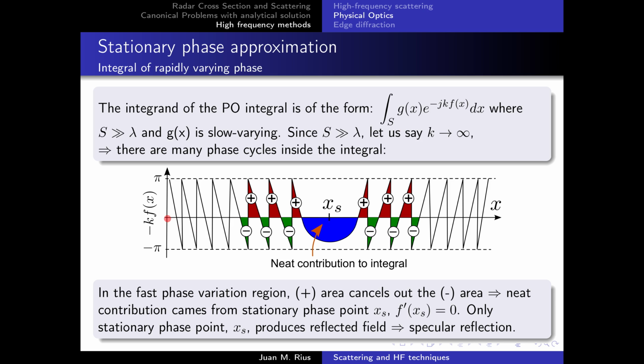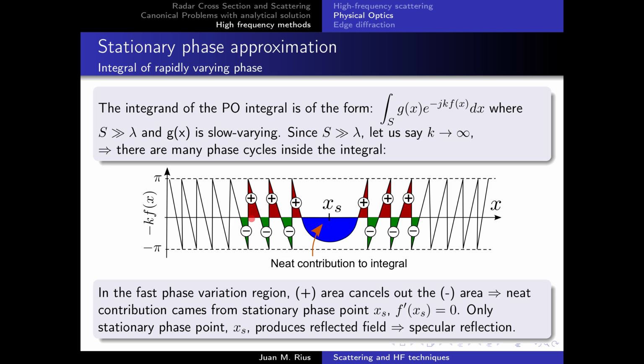So if we have to integrate this phase in all this interval, the phase has a very fast variation. So there are many phase cycles, and in phase cycles, you know that the positive phase cancels the negative phase.